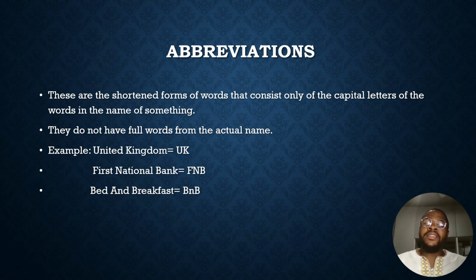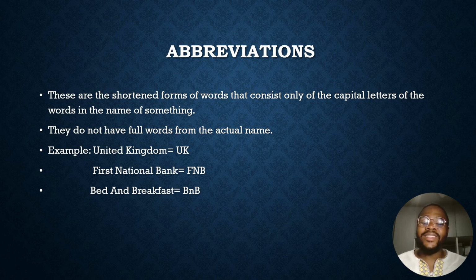For example, the United Kingdom. I'm going to the UK, mate. You don't necessarily have to say the United Kingdom always. The UK, we just take the U in front of United and the K in front of Kingdom, and then we put them together, we come up with the UK, a very short and nice version of the United Kingdom.